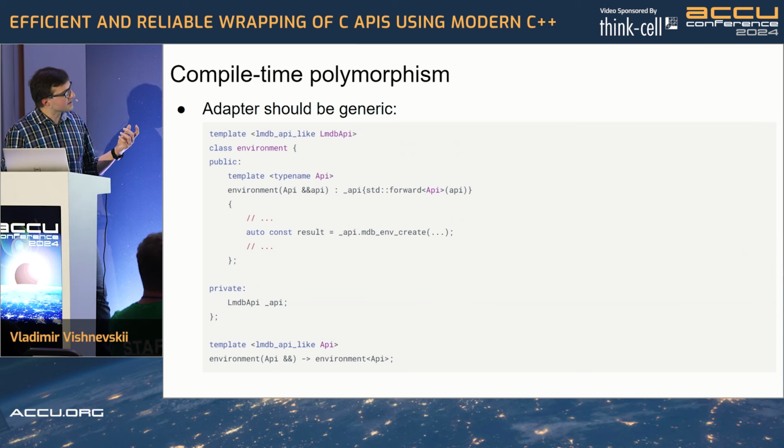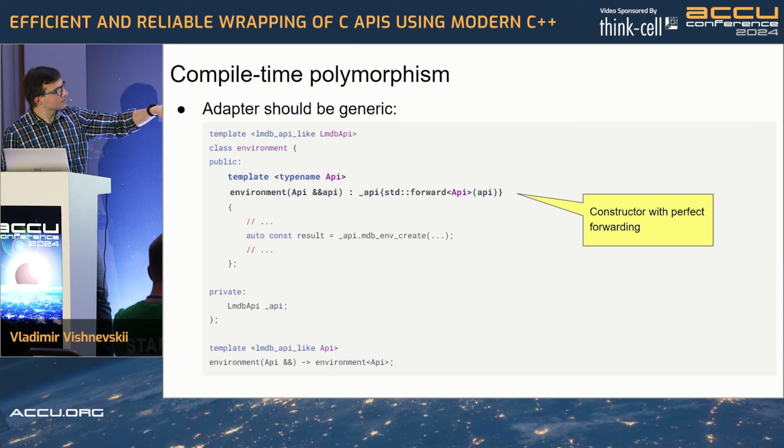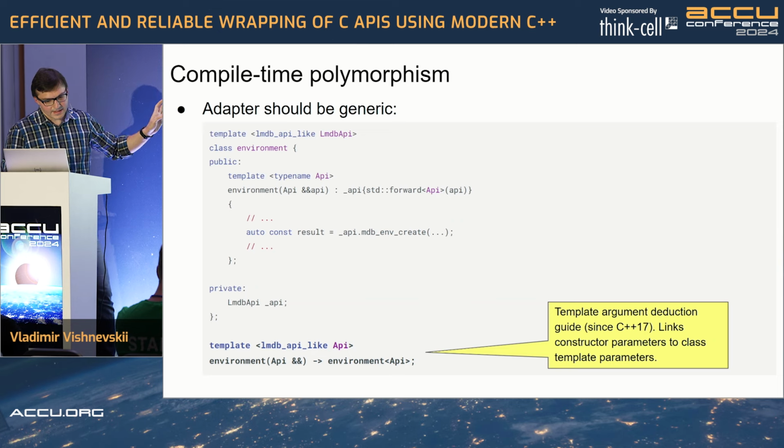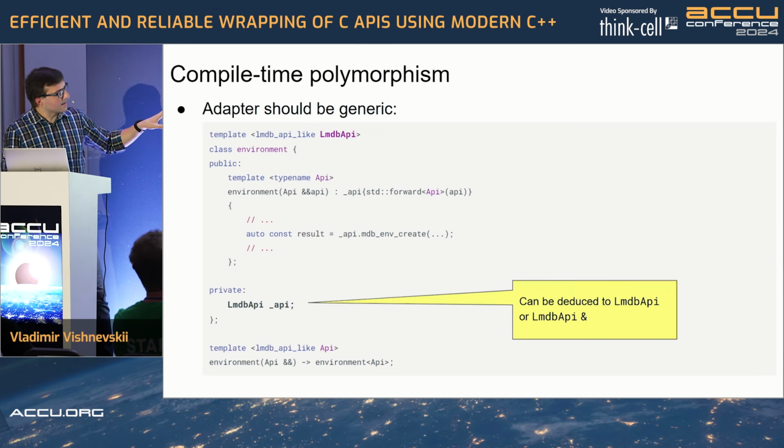This can be achieved using a combination of several techniques. We need to have a constructor with perfect forwarding, and also a template argument deduction guide that would link the constructor parameter type to the template parameter type. If we implement those techniques, the object that we store can either be a type or a reference.